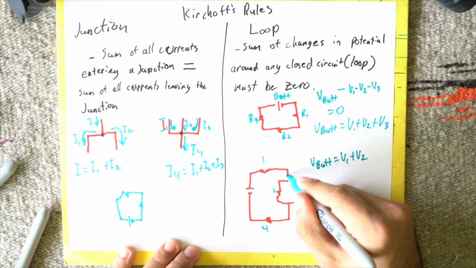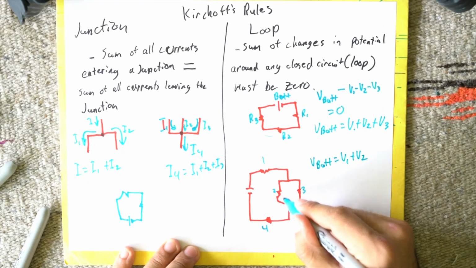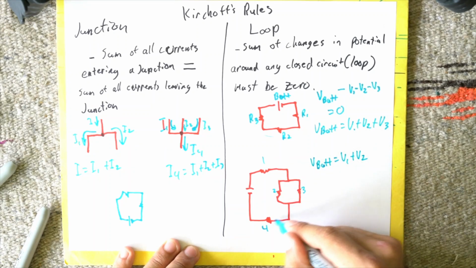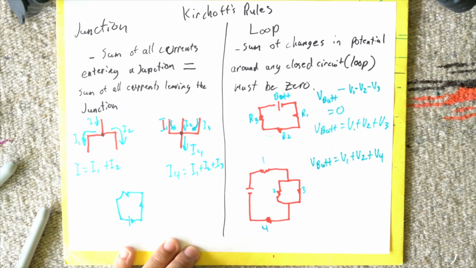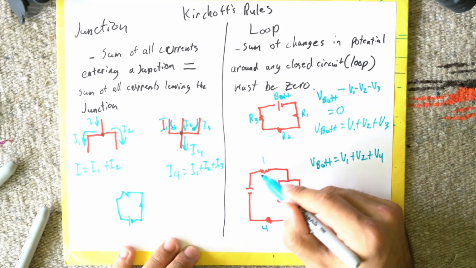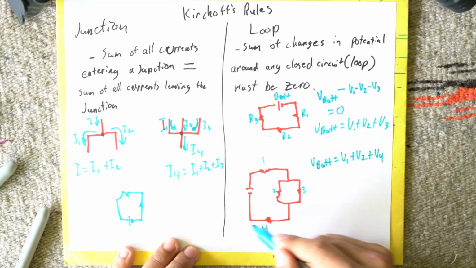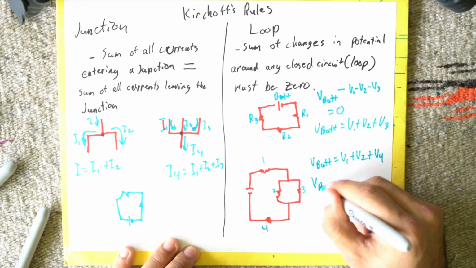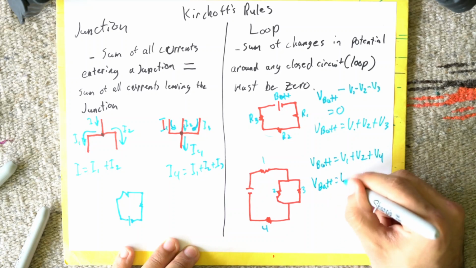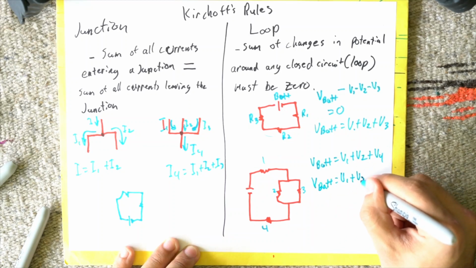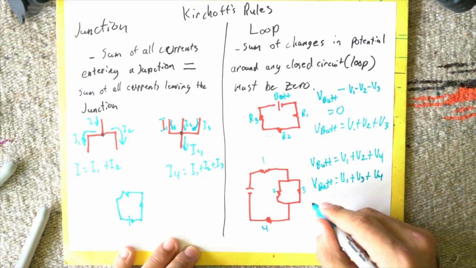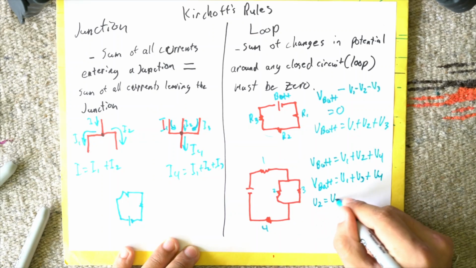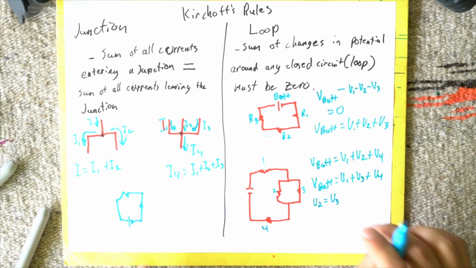But look, do I cross 3 at all? No, I go this loop and then I finish 4, plus V4, and that's it. Or I could go in this direction, and this would be V battery equals V1 plus V3 plus V4. Do you see that? So we know that V2 and V3 are identical.